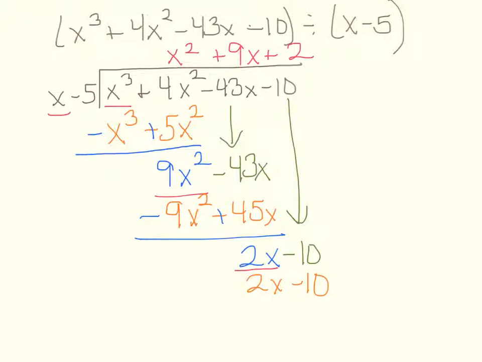And then we add the opposite again. So negative, positive, add, we get 0. So your answer is x squared plus 9x plus 2.